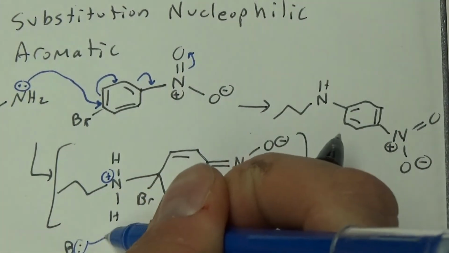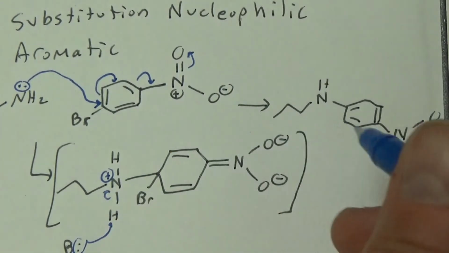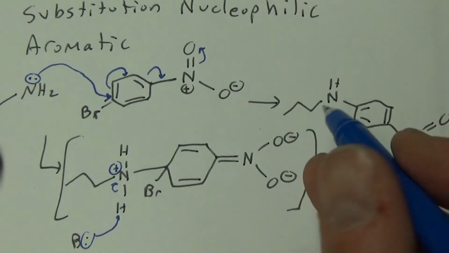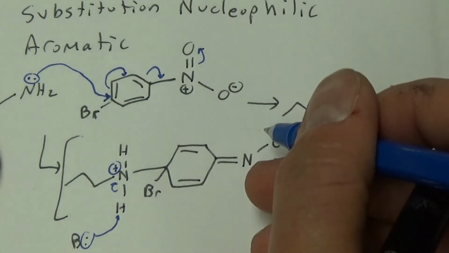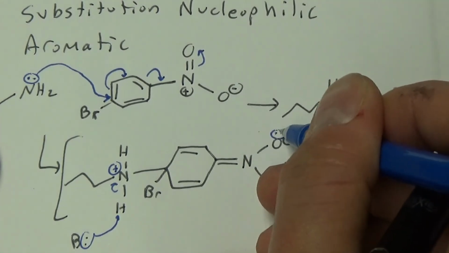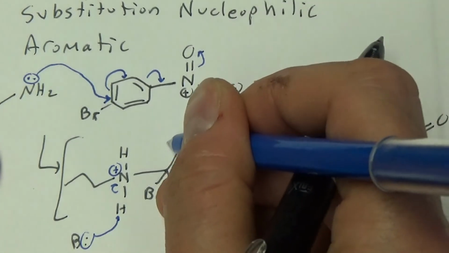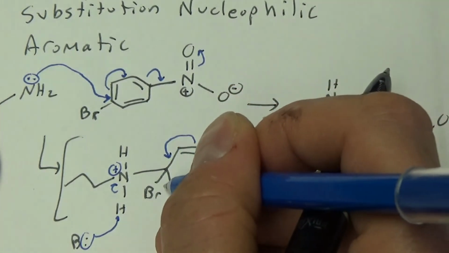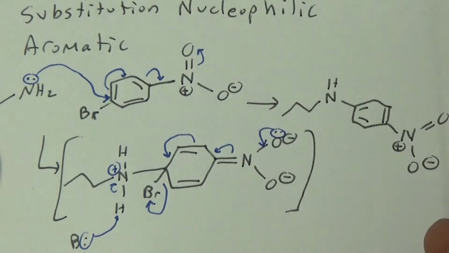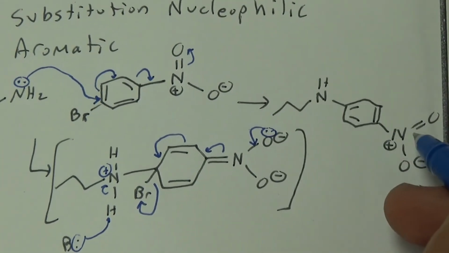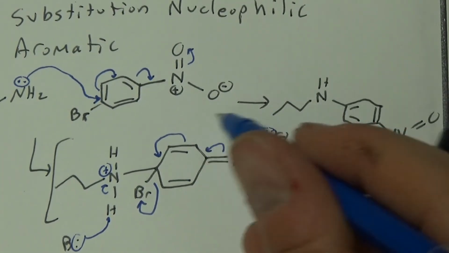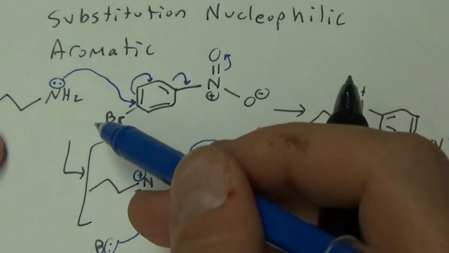That's not that exciting, but that probably happens. But yeah, pick an O minus. We'll use the top one. It swings back. Then this goes there, this goes away, and you get the product. So that's an SNAr reaction, right? It's a two-step process.